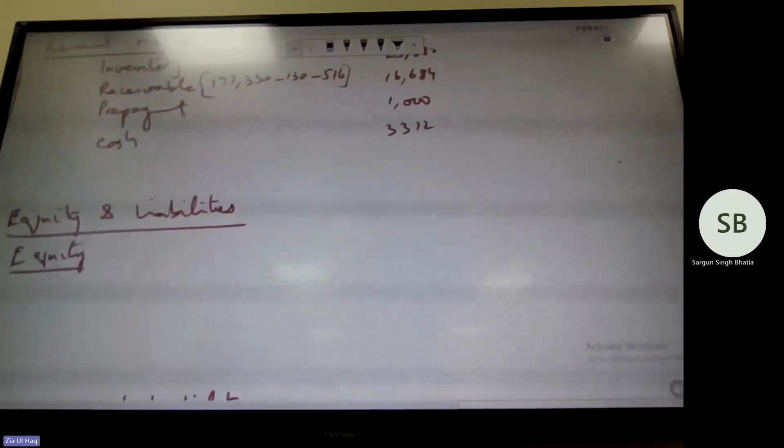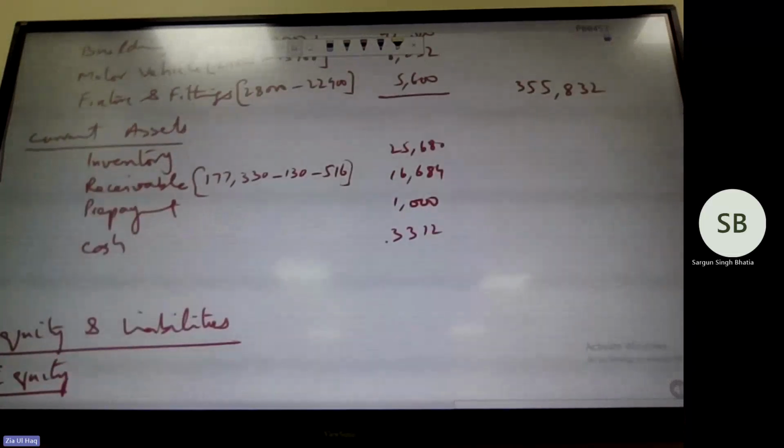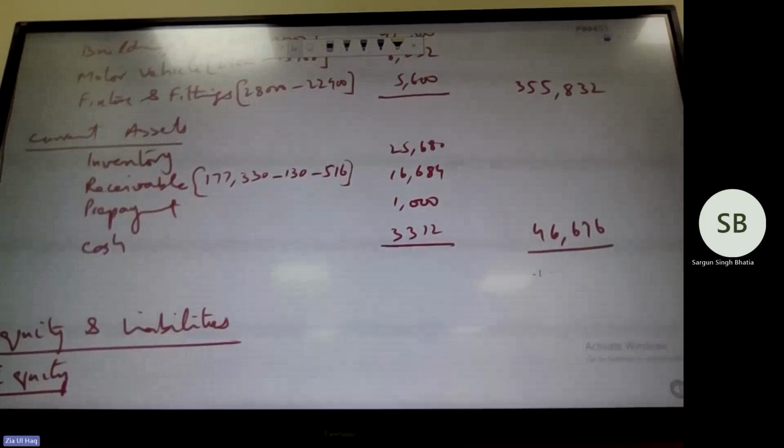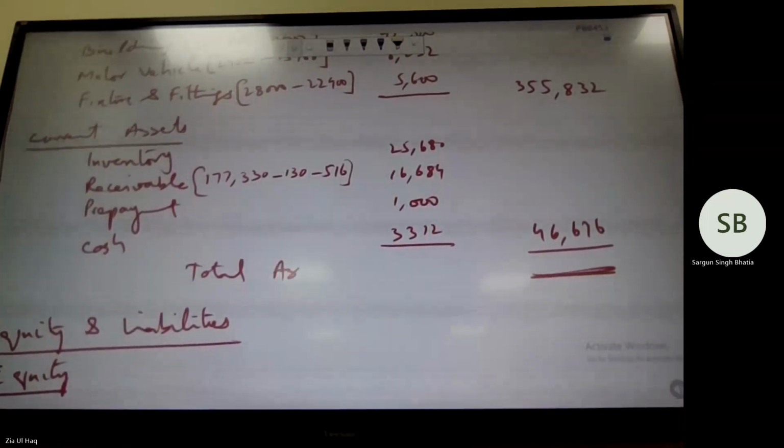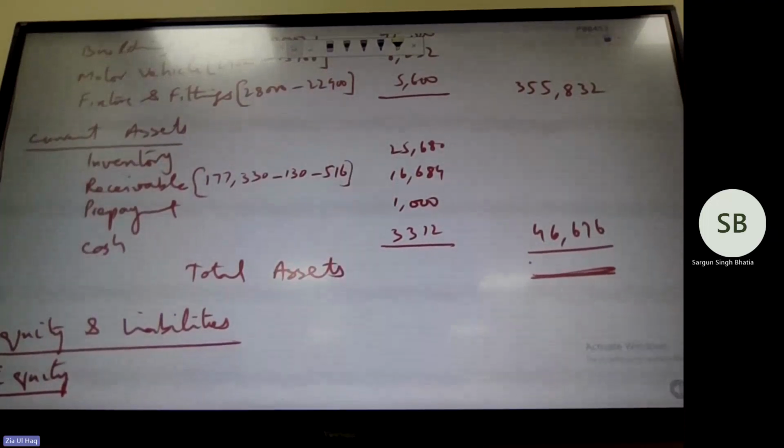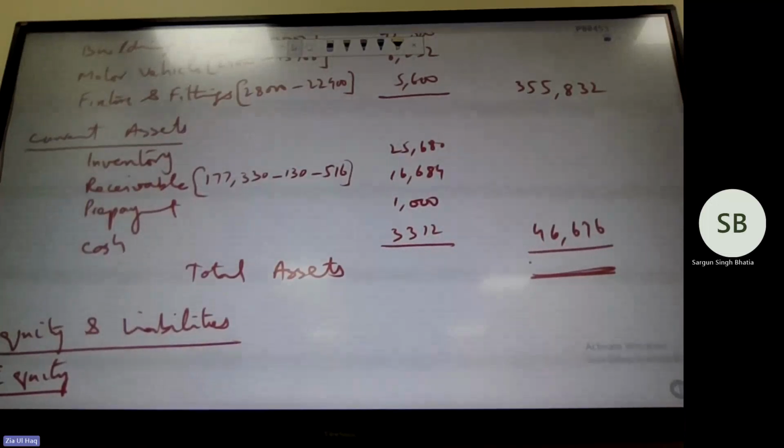So now we can make the total of current assets, which is 46,676. And the total assets are 402,508, which should be equal to equity and liabilities.